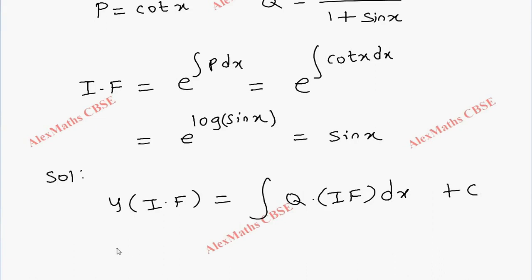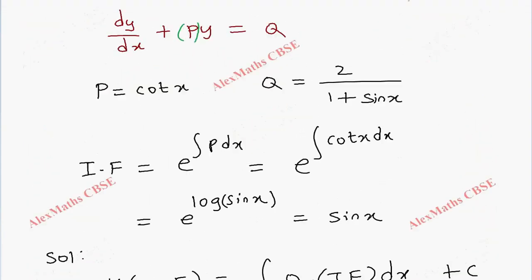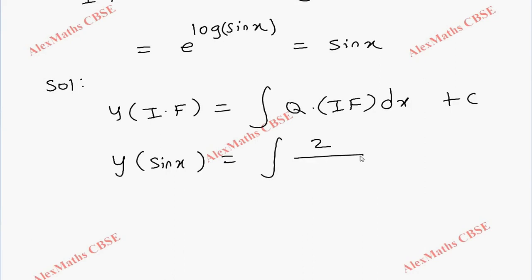Now this is y into sin x equal to integral q is 2 by 1 plus sin x. So 2 by 1 plus sin x into this is again sin x dx plus c.